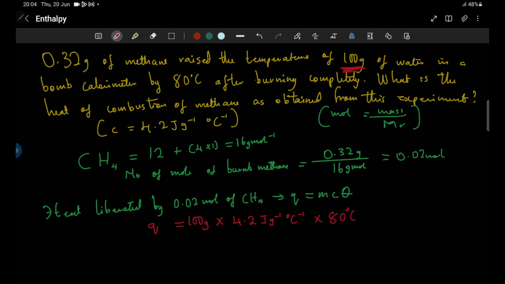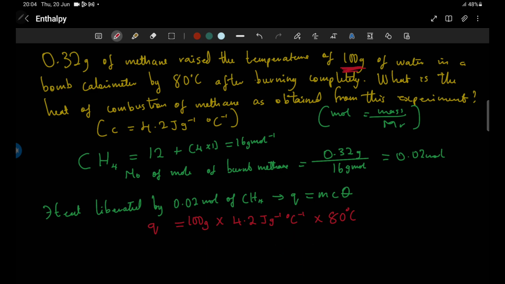Now, if you decide to use Kelvin, then you change this to K, and then you add 273 K to this. And if you decide to convert the grams to kilograms, this will be 0.1 kilograms, and this will be 4,200 joules per kilogram per degree Celsius. I just stated that because questions might change the units so that you don't get confused.